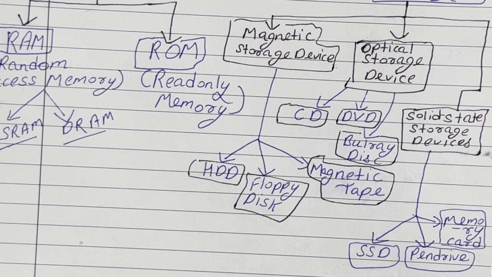Unlike traditional magnetic storage devices, USB flash drives do not contain moving parts, and the data is stored in memory cells using electrical charges, which allows the information to remain stored even when the device is disconnected from the power. Pen drives are available in different storage capacities, ranging from a few gigabytes to several hundred gigabytes. They are widely used because they provide a simple and convenient method of carrying data from one system to another.